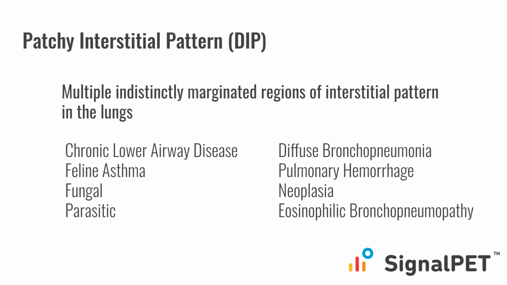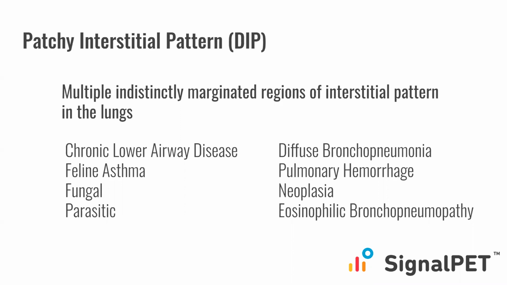Differentials for this include, and I probably see it most often in cats with chronic lower airway disease, where the interstitium is being affected, maybe some inflammation in the interstitial tissues adjacent to the affected bronchi. Feline asthma, we can see this with fungal diseases, parasitic disease, either lungworm or heartworm disease.